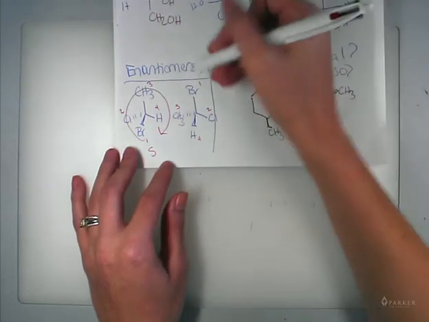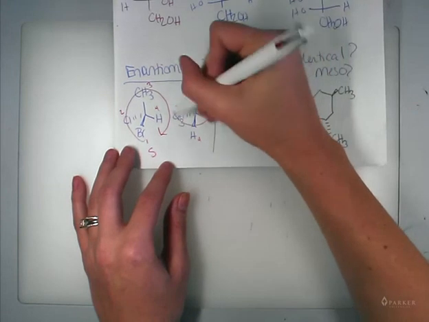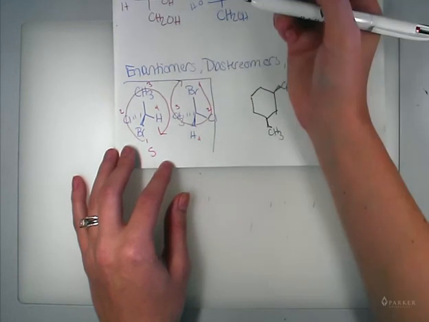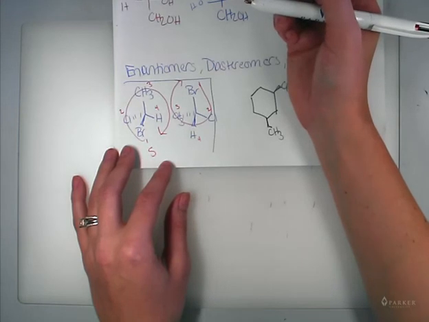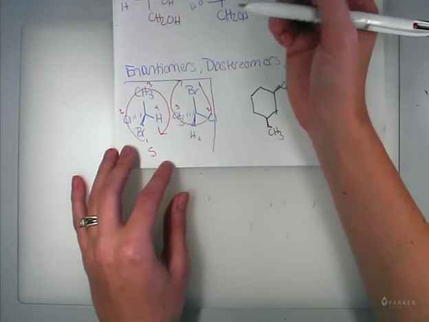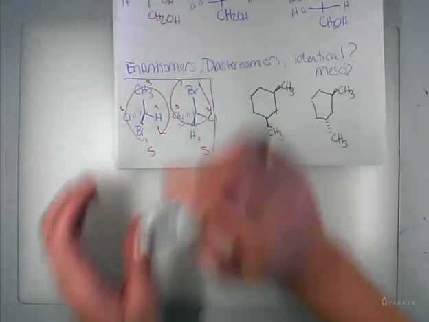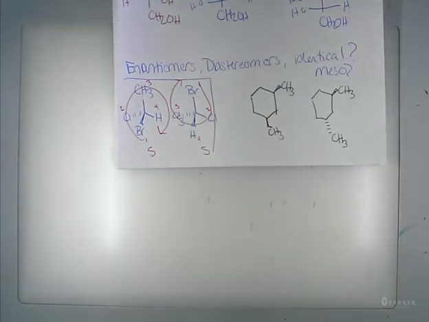And then what about this one? 1, 2, 3. What does it look like? Looks R. Do we need to change it? Yes, so it's S. So we have S,S. What is that? Did anything change?